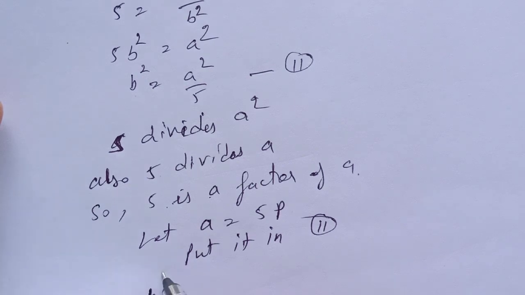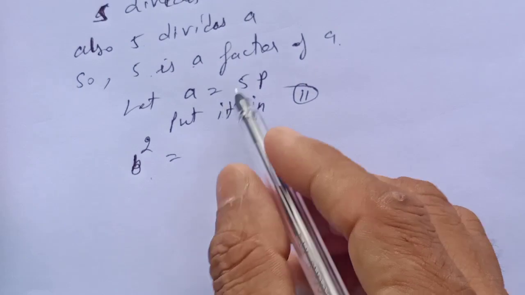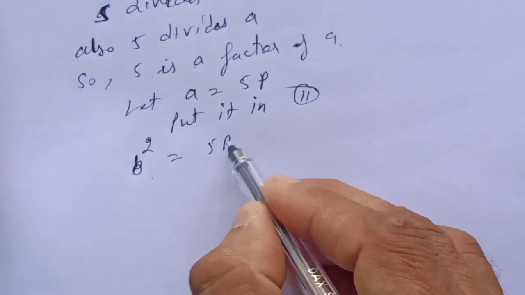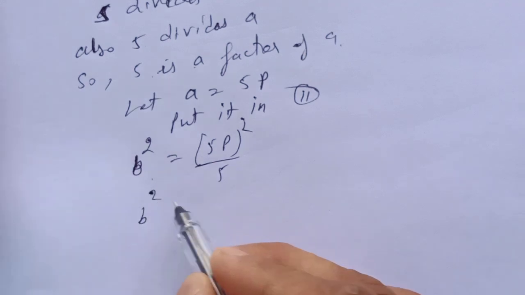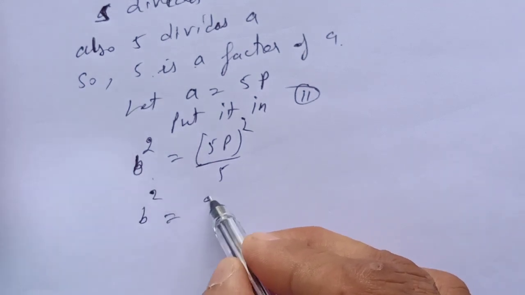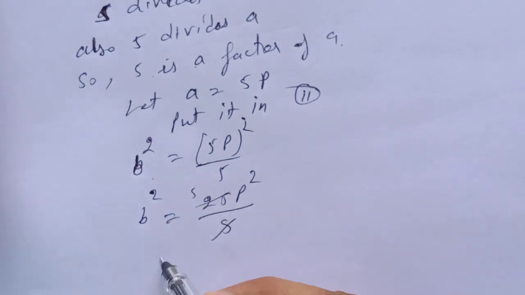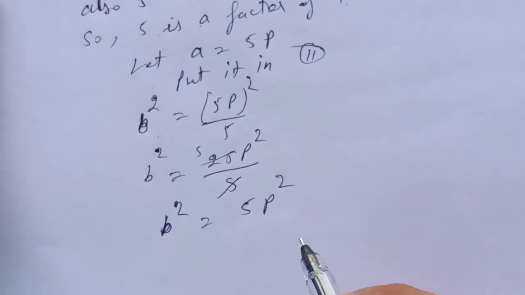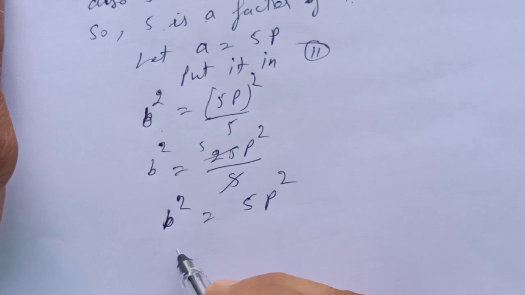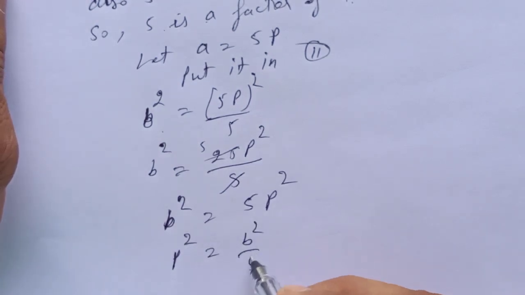B square equal to, what is a? 5p whole square upon 5. B square equal to 25p square upon 5. B square equal to 5p square, or p square is equal to b square by 5.